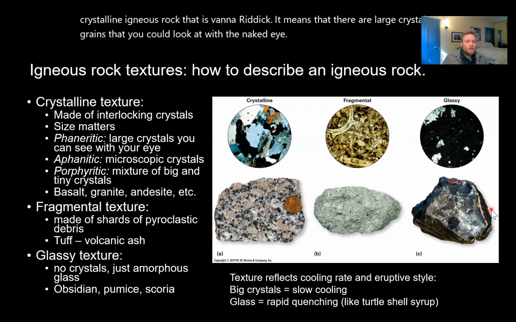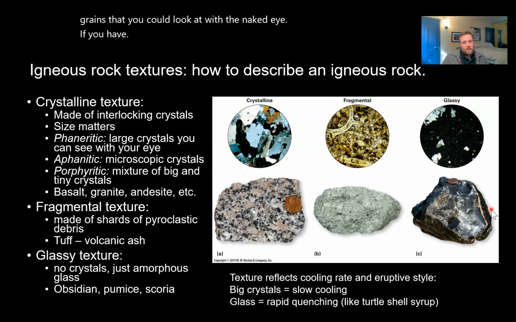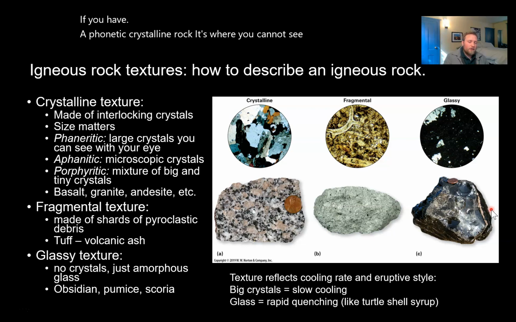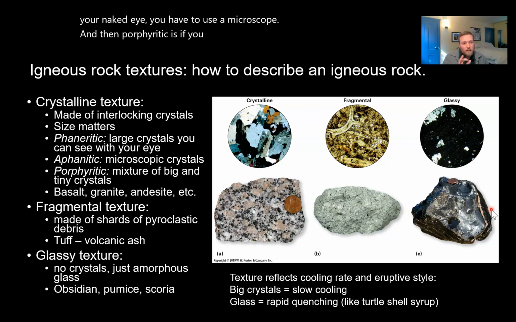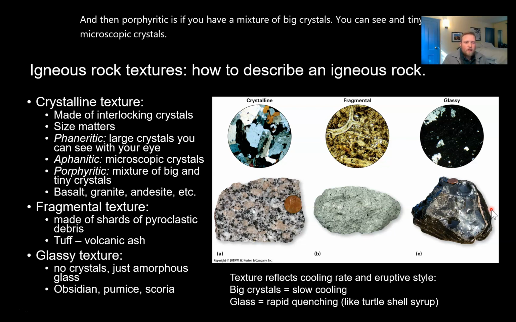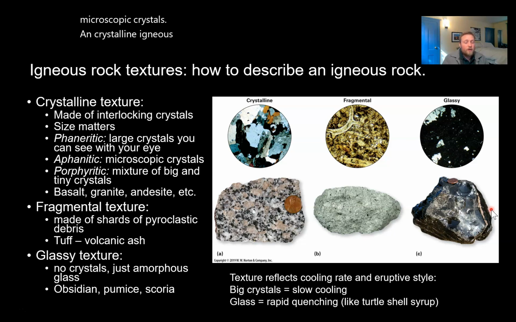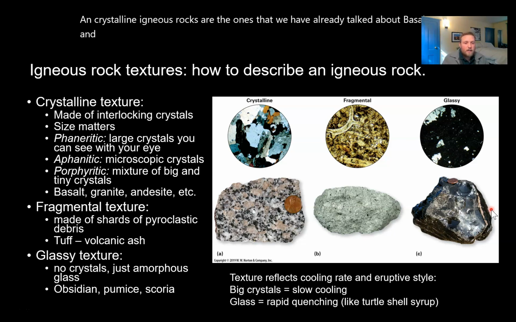If you have aphanitic crystalline rock, you cannot see the crystal boundaries with your naked eye; you'd have to use a microscope. And porphyritic is if you have a mixture of big crystals you can see and tiny microscopic crystals. Crystalline igneous rocks are the ones that we have already talked about, like basalt, granite, andesite, diorite, rhyolite, gabbro, those types of rocks. Those are all crystalline.